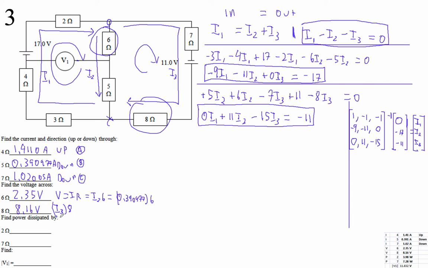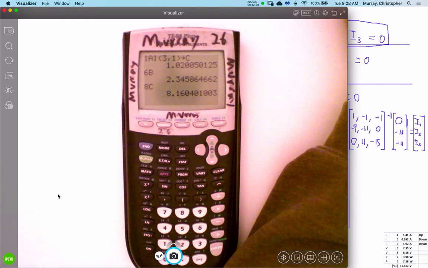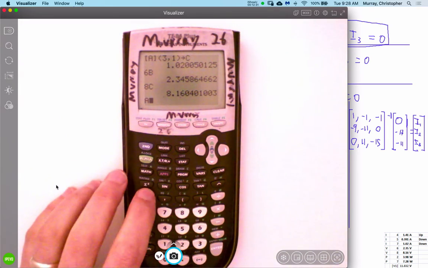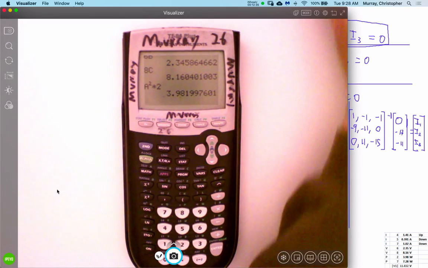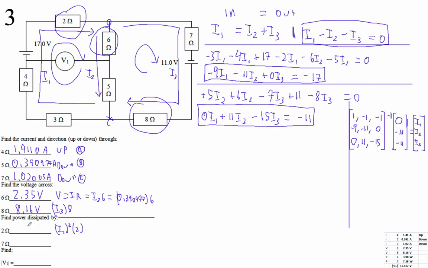Okay, and then power is going to be I squared R. Where's the 2? The 2 is there, so it's going to be I1 squared R, times 2, which is I1 is A, so A squared times 2. That's .98 watts is the unit.